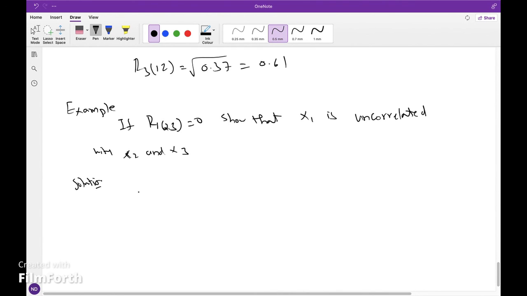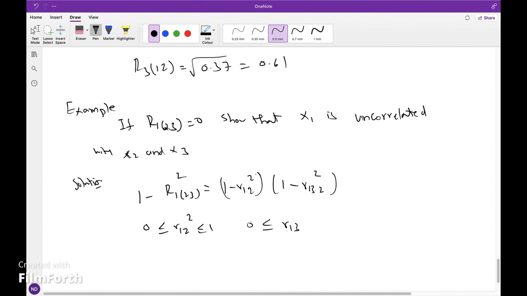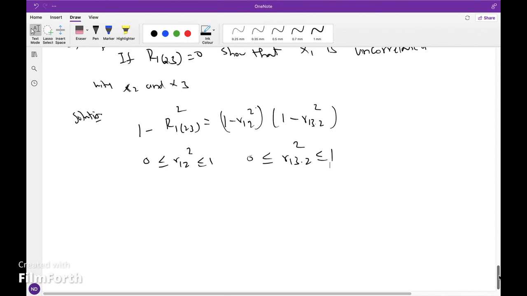Solution. Already we know that 1 minus R1.23 the whole squared is equal to (1 minus r12 squared) into (1 minus r13.2 the whole squared). Since 0 is less than or equal to r12 squared less than or equal to 1, and 0 is less than or equal to r13.2 the whole squared less than or equal to 1, therefore r12 equals 0 and r13.2 equals 0, because that one is uncorrelated.